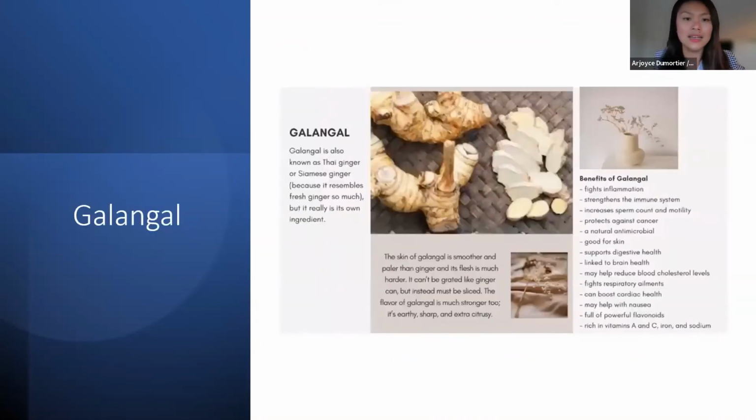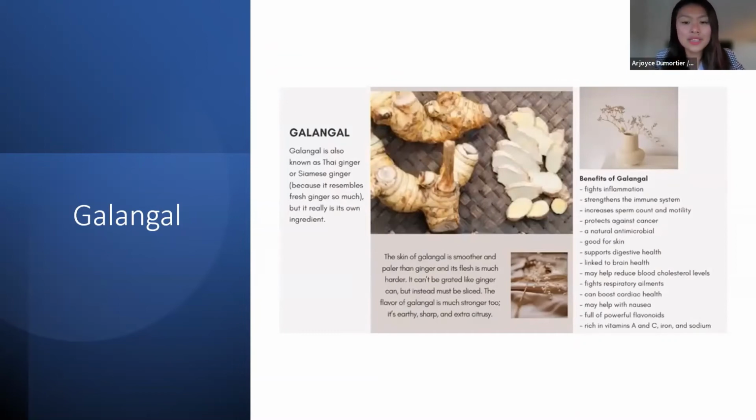What is galangal? This is also known as Thai ginger or Siamese ginger because it resembles fresh ginger so much, but it really is its own ingredient. The skin of galangal is smoother and paler than ginger, and its flesh is much harder. When we bite it, we will really feel that it's harder than ginger, because when we bite ginger, it's so crunchy that we can actually eat it.